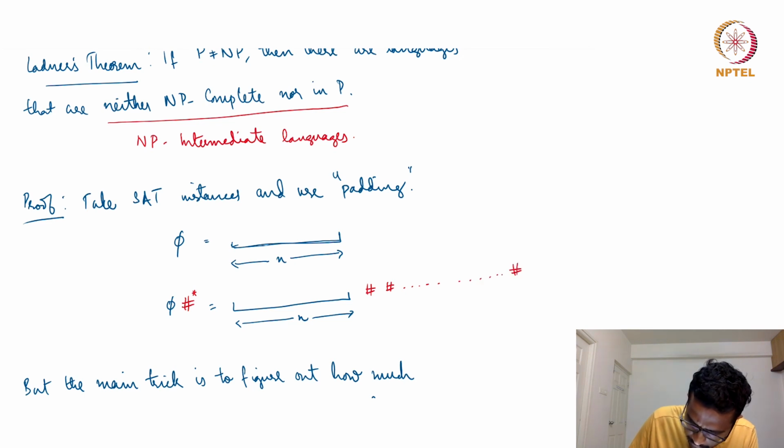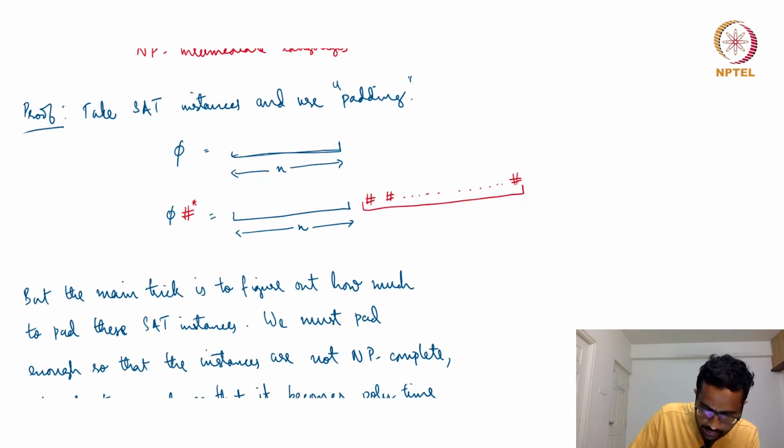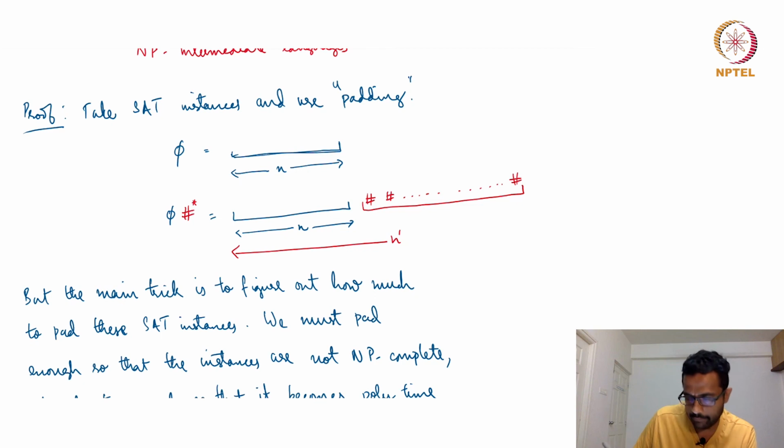So the blue part is just the formula phi, and now there is a red part attached to the blue part, and the length of this whole thing, let us say, is n prime.